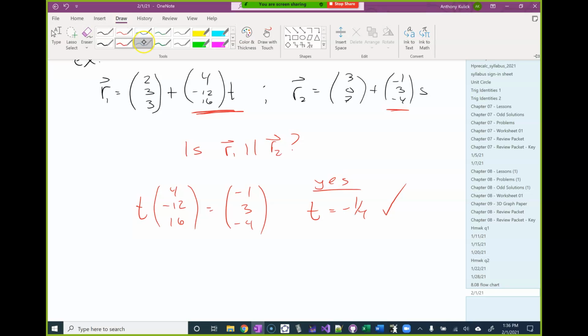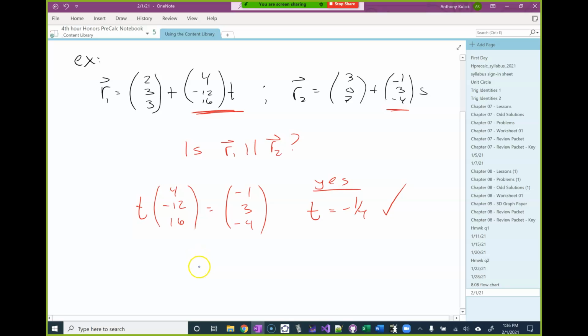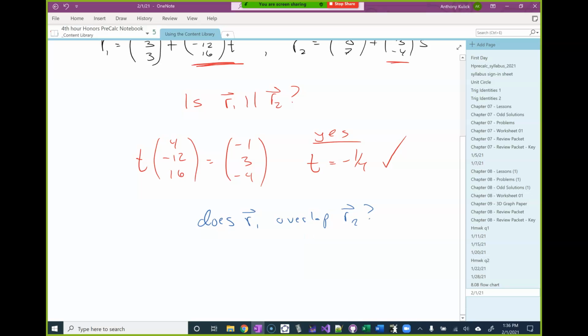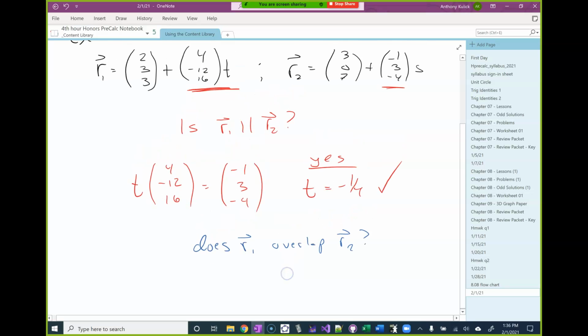So now we have to see, does one of these lines overlap the other? So to do that, I'm going to take the point vector from R2 and set it equal to R1.